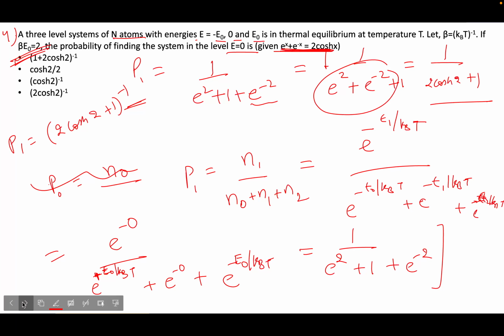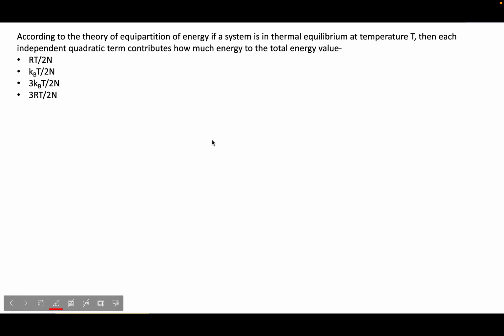Now the next question. According to theory of equipartition of energy, if a system is in thermal equilibrium at a temperature T, then each independent quadratic term contributes how much energy to the total energy value?